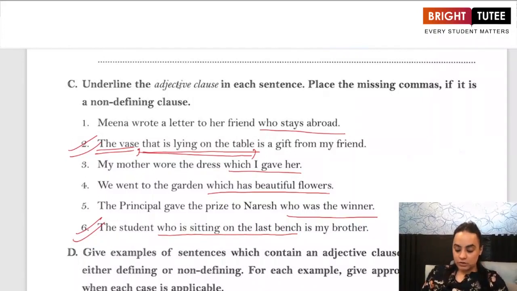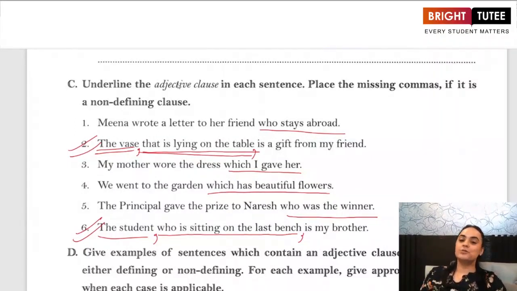The student who is sitting on the last bench is my brother. What is my adjective clause defining? The student, its antecedent. So it is clearly defining the antecedent. So this is how we are going to work upon the adjective clauses.